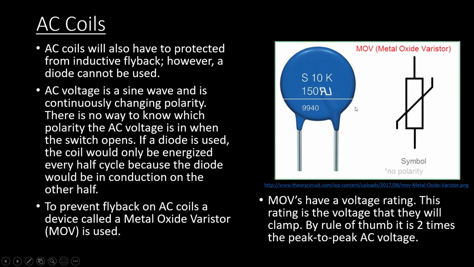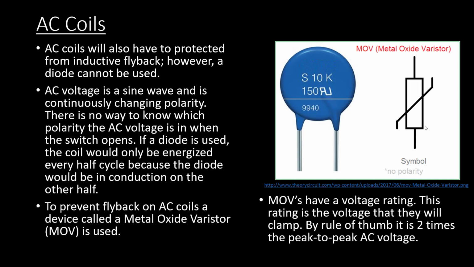That's typically what they look like. They come in different colors, sizes, shapes, thicknesses, but that's typically what they look like. This is the electrical symbol for it. They have no polarity. What an MOV has is a voltage rating.